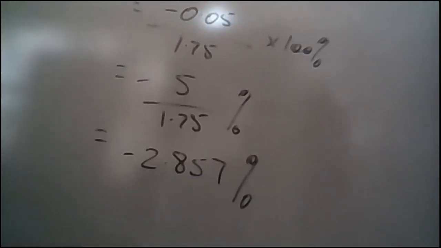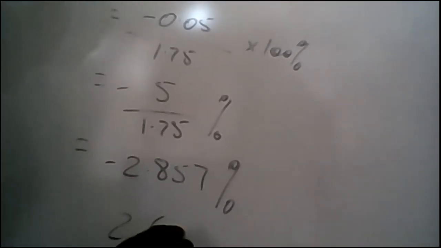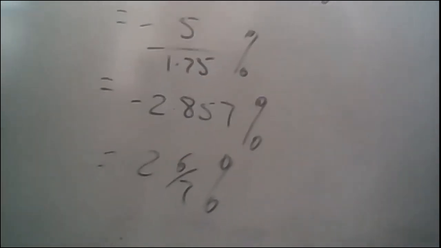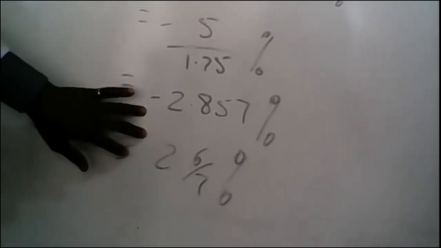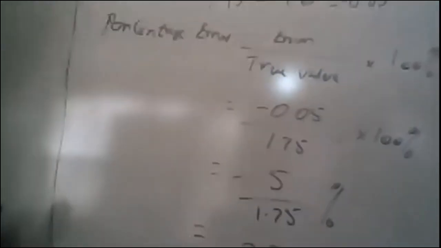You can leave it in fraction, 2 and 6/7%. Okay, so that is the percentage error. The true measurement is 1.75, but the boy measured it to be 1.8. This is the error which will be subtracted from the length for us to get the true length.